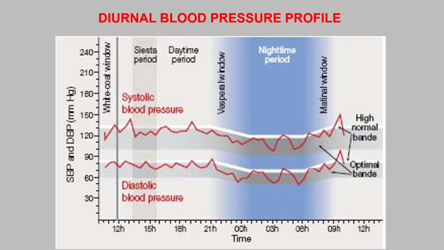But notice that throughout any particular hour or throughout the day, there is a lot of variability. There isn't a single value for the blood pressure, but all of them fall within a rather narrow acceptable range. So this is what we mean by a short-term variability of the blood pressure, and we will go into a bit more detail into the control of this short-term variability the rest of the lecture.